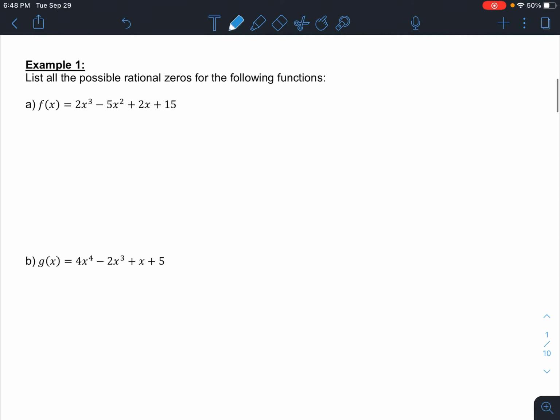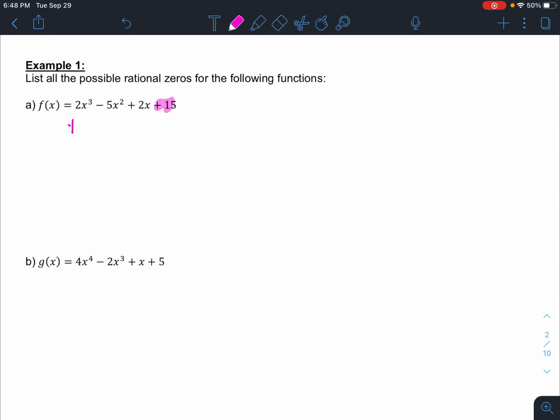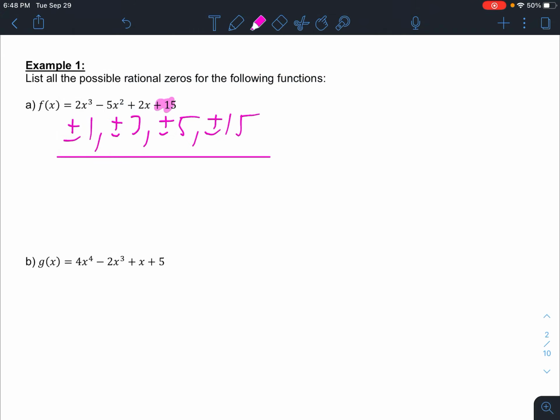So let's get started and just try this for a second. List the possible rational zeros. It's already in descending order, so that's good. This is our constant. So factors of our constant are plus or minus 1, 3, 5, and 15. And then factors of our leading coefficient are plus or minus 1 and 2.